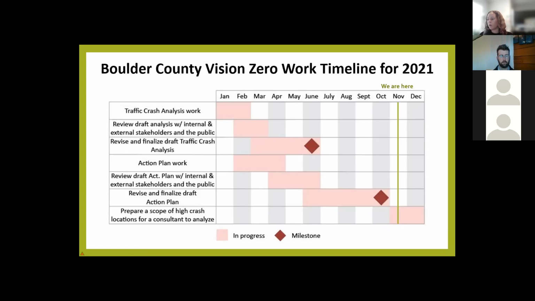And we'll hire a consultant to analyze those high crash locations and recommend specific safety improvements for each location based on crash histories and all our findings.